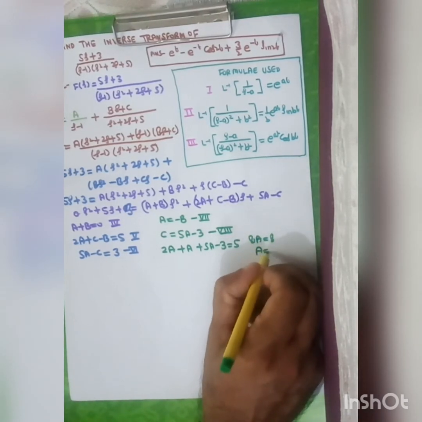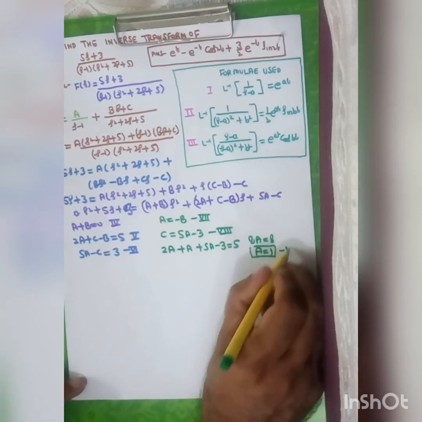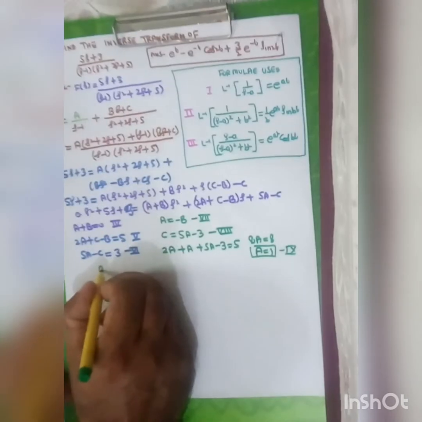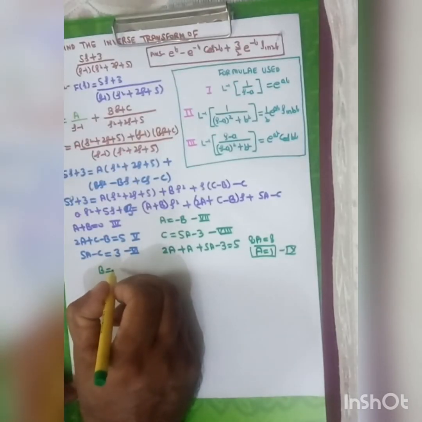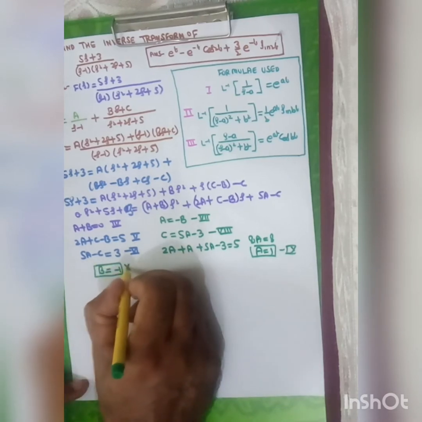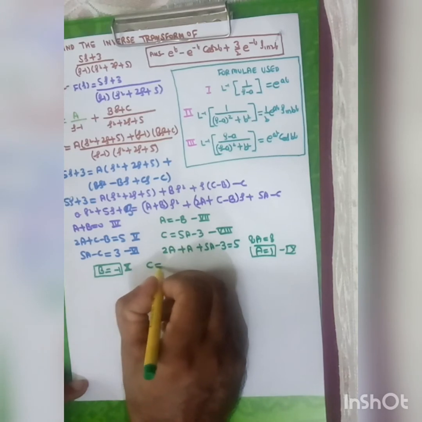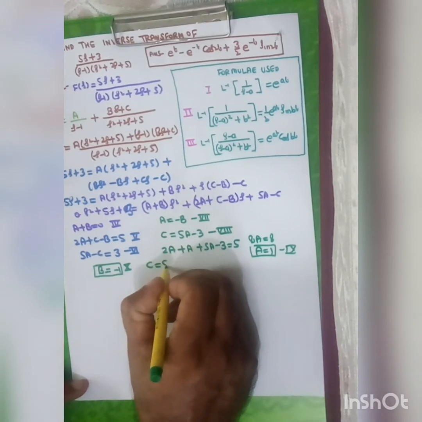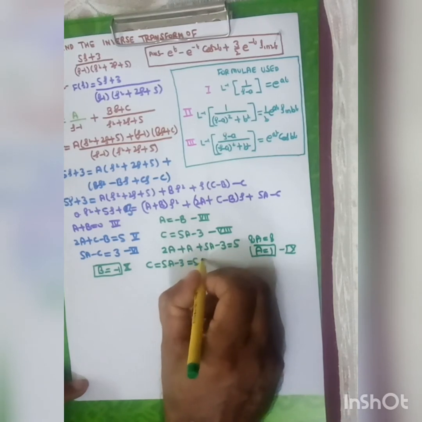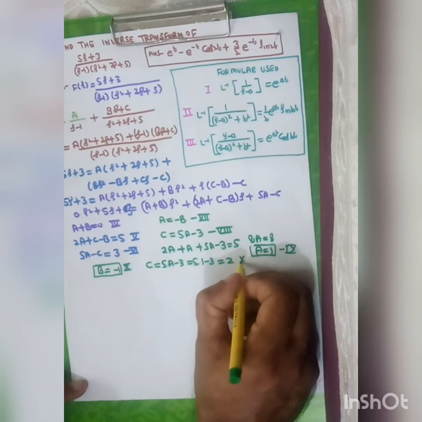So A is equal to 1. Let it be equation 9. So A is equal to 1 means B is equal to minus A, that is minus 1. This is equation 10. Putting it in equation 8 we get C is equal to 5A - 3, so it will be 5 into 1 minus 3, it will be 2. Equation 11.